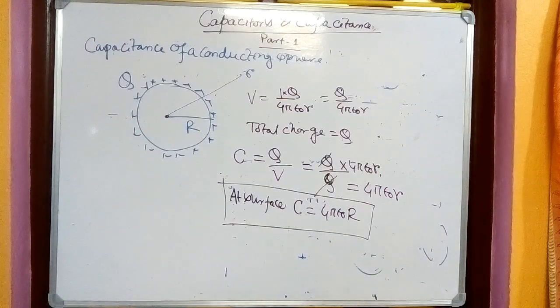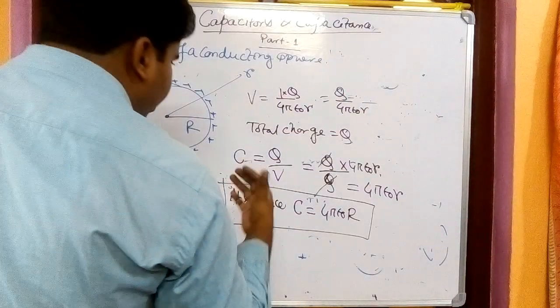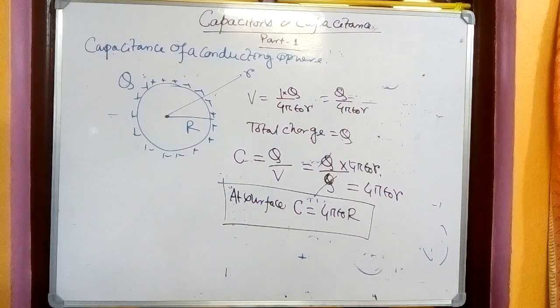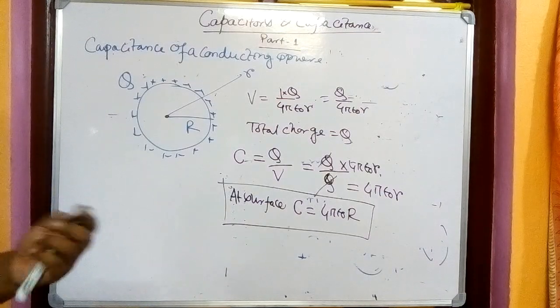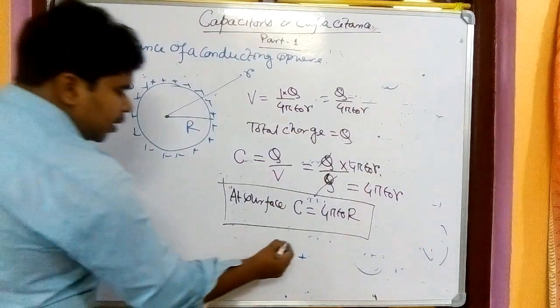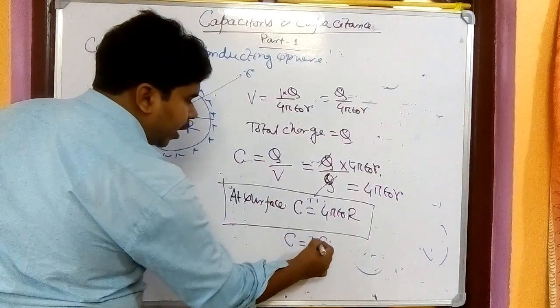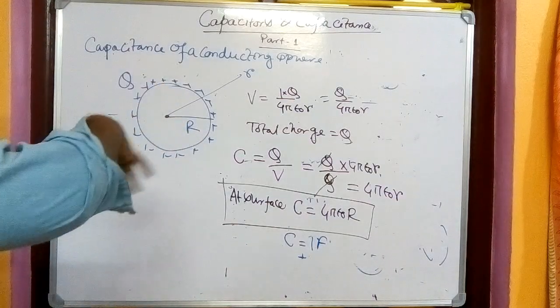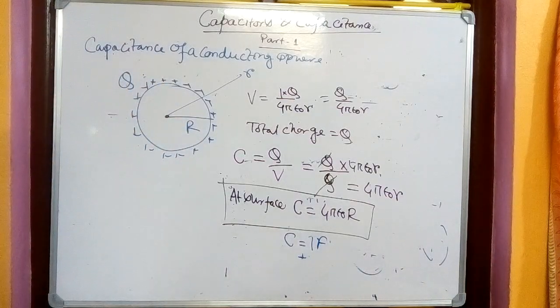Now we can also find out one thing, what the charge storing capacity should be. We can find the radius if the capacitance is 1 farad. If C equals 1 farad, how much radius will the sphere have?